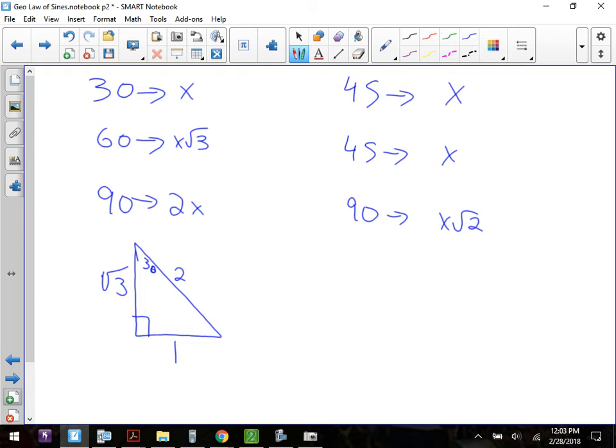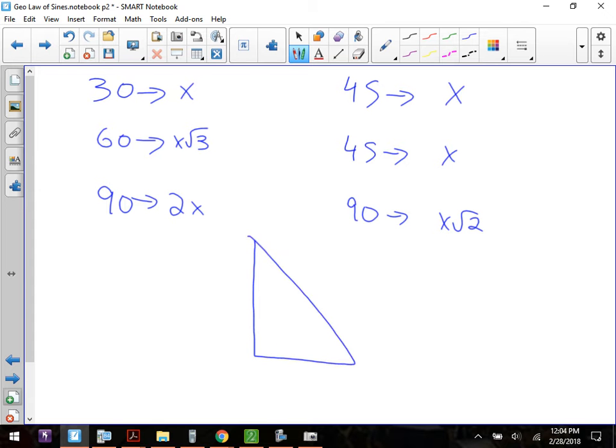So, depending upon what triangle you were working with, depending upon what information you knew, you had to set up something. For example, let's say we have a 30, 60, 90 triangle, and you knew across from here was 12.